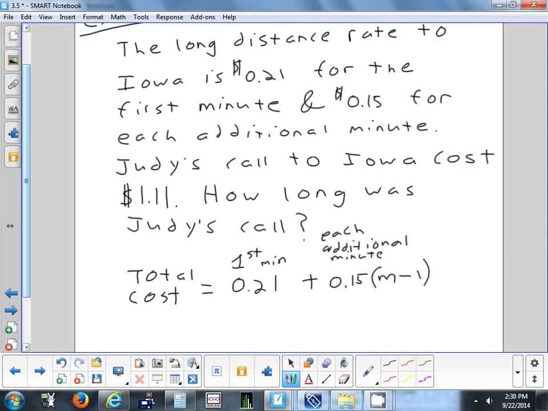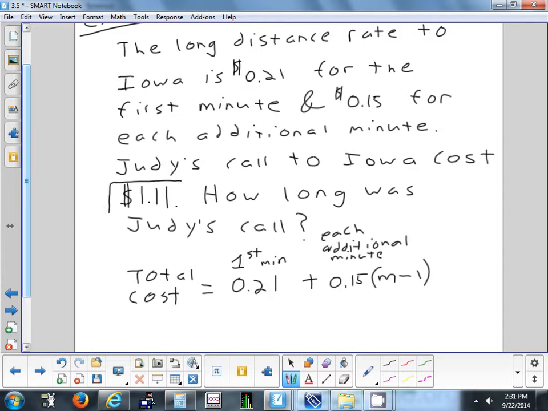This is the trick right here. That's the tricky part. So if you talk for 50 minutes, you're only going to pay 50 minus 1, or 49 minutes at 15 cents. And then you already paid for the first minute separately, 21 cents. This is a little tricky, but that's the part I wanted to help you with.